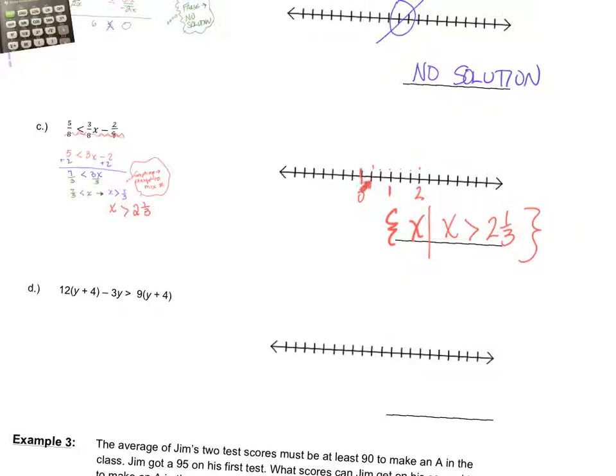So 0, 1/3 is here, 2/3, 3/3, which is 1 whole, 1 1/3, 2/3, 3/3, which is another whole, which is 2. So 2 1/3 would be right here, and it's an open circle, and it's shaded to the right. And then if this is 2 1/3, this is 2/3, this is 3/3, so right there would be 3.